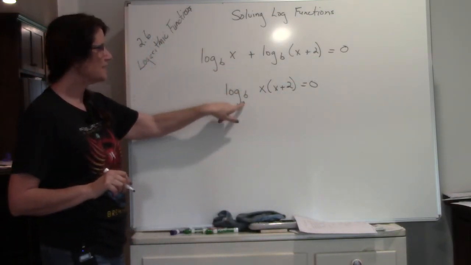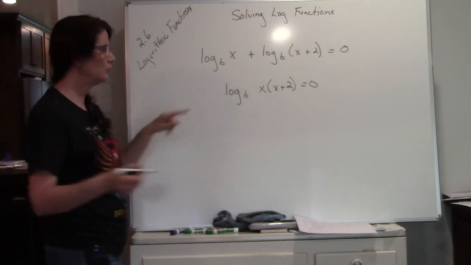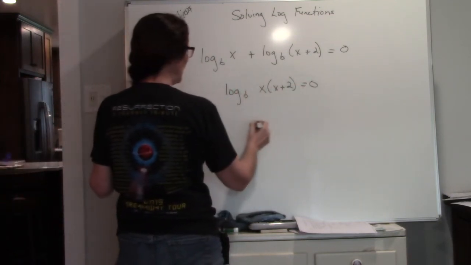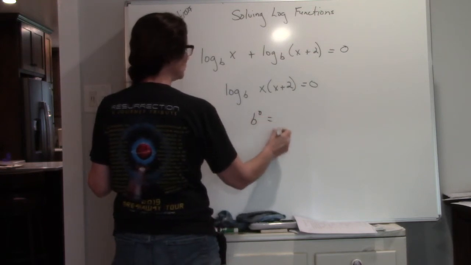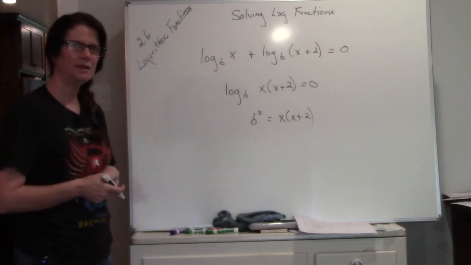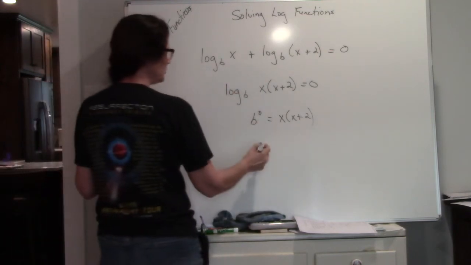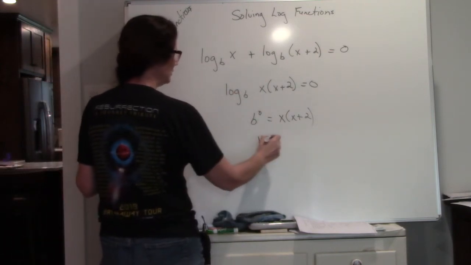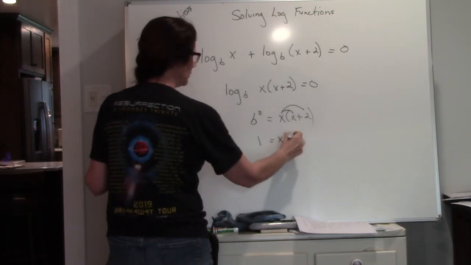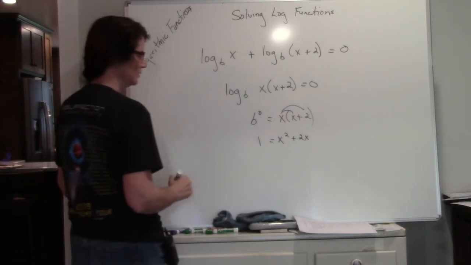So now I can rearrange it into an exponential function. b raised to the 0 power equals x times x plus 2. Okay? So anything raised to the 0 power is 1. I'm going to distribute. So x squared plus 2x.